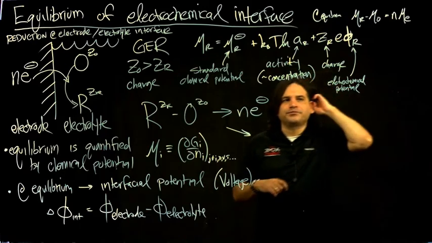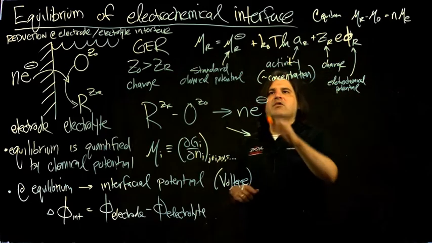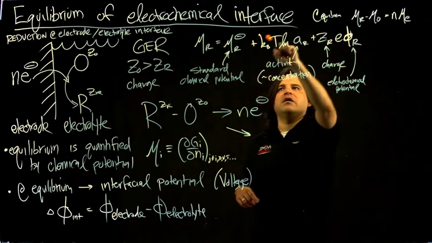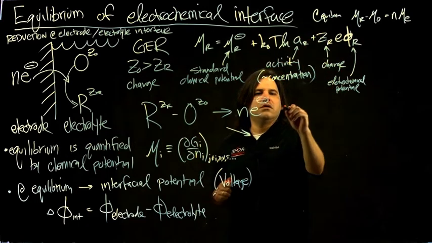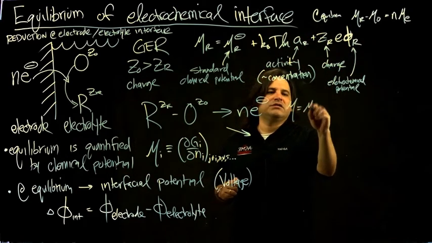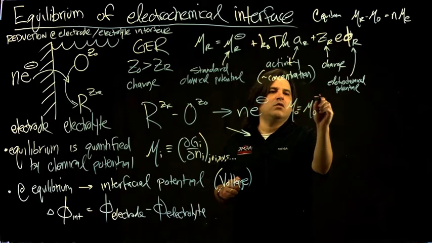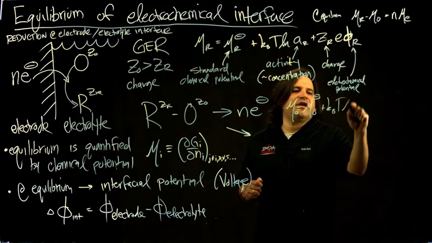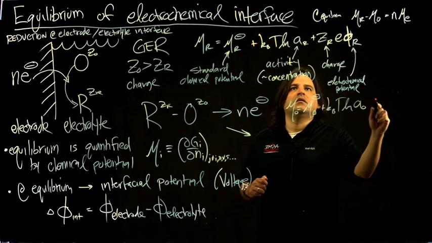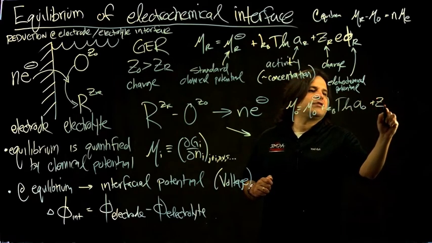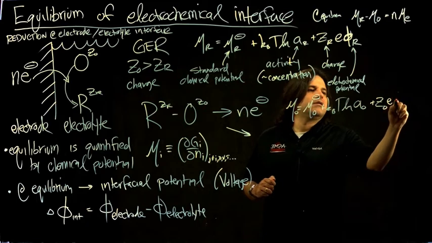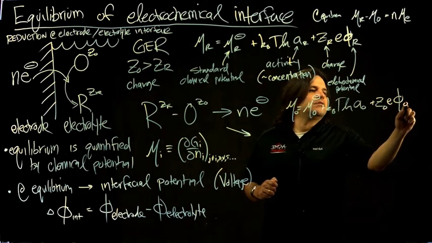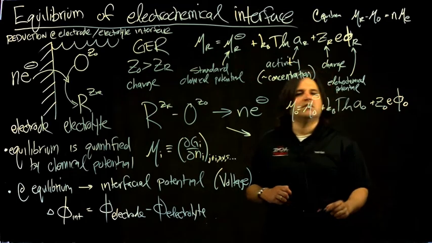Then we can write the chemical potential of each one of those. MR is this. MO is similar, corresponding to the standard, plus this concentration effect, plus the charge of that species and the potential, the electrochemical potential.